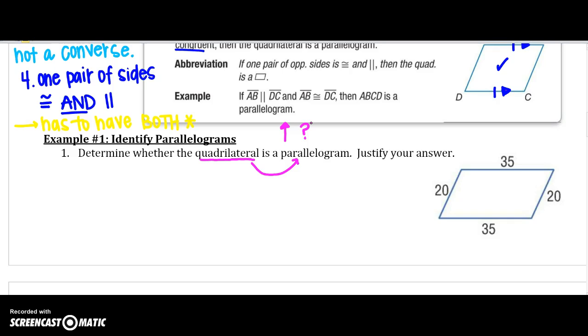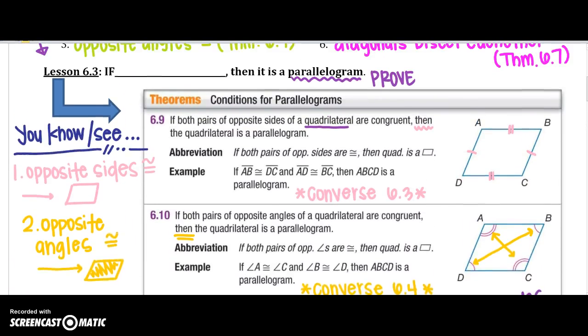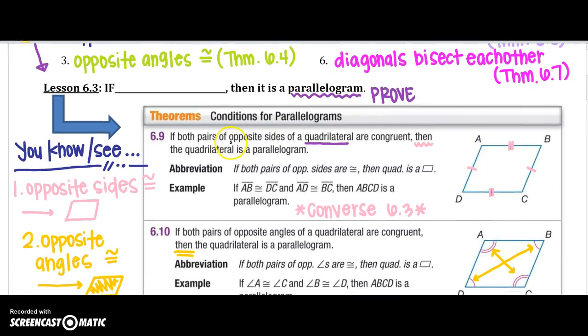We're not really told any of that information, but we do know that 35 does equal 35, so I know that I have one pair of congruent sides, and I also know that 20 equals 20, so my other sides are congruent. So if I scroll back up, if both pairs of opposite sides are congruent, then I have a parallelogram.